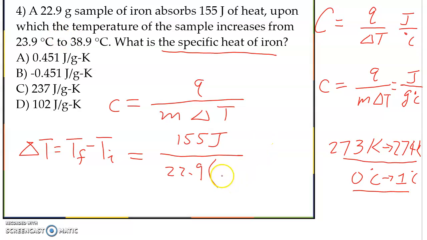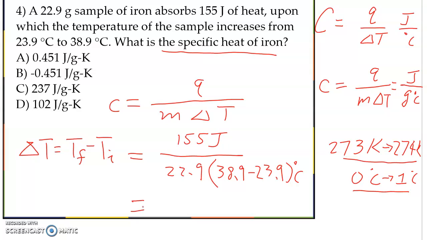Over here, final temperature is 38.9 minus initial temperature 23.9. If you put that into your calculator, we should get some type of answer.